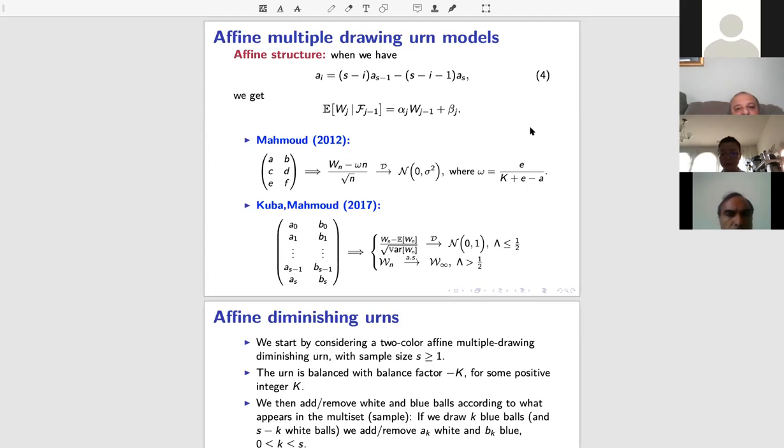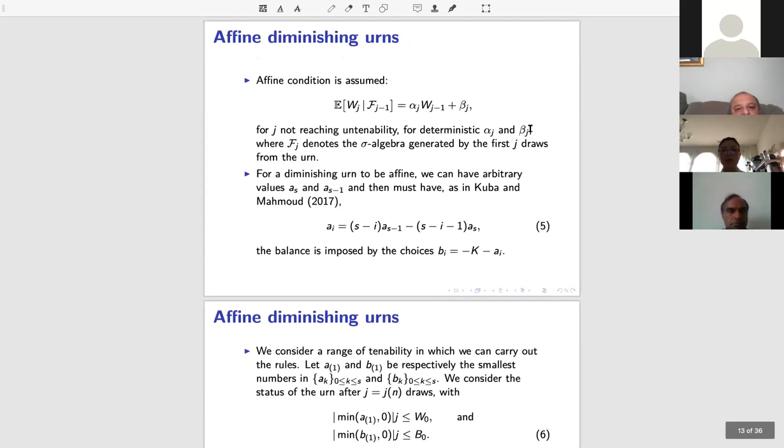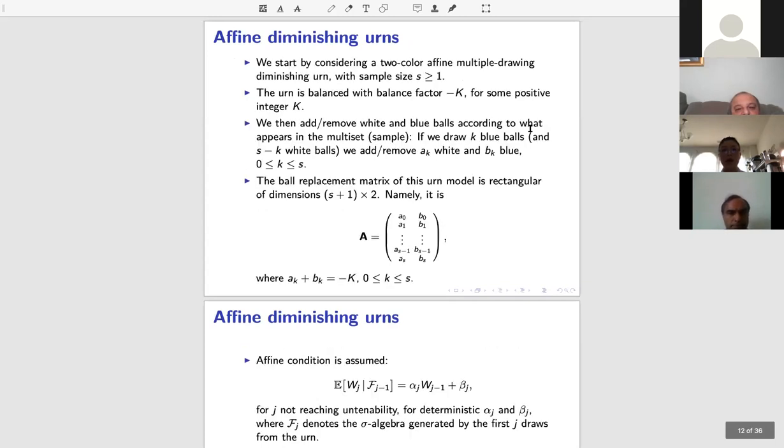So let's introduce our class. We start by considering a class of two-color affine multiple draw diminishing urns as follows.